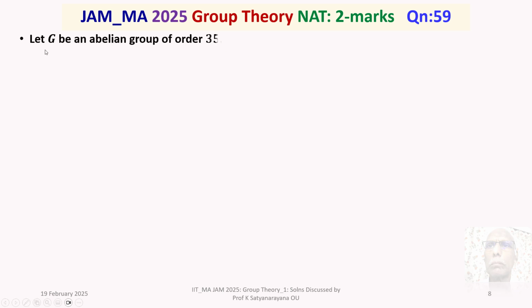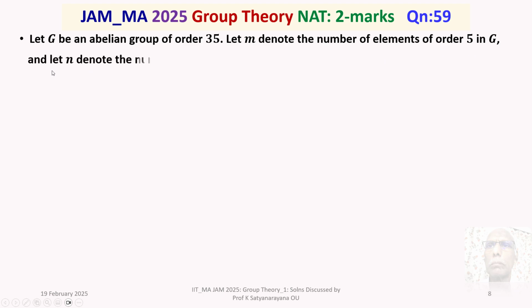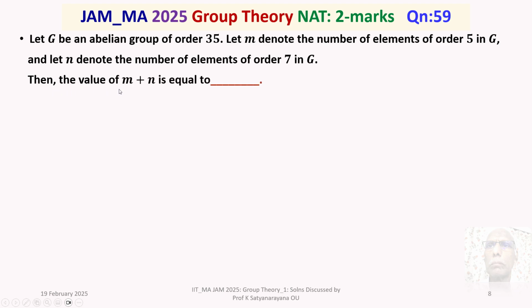The given question is: let G be an abelian group of order 35. Let M denote the number of elements of order 5 in G, and let N denote the number of elements of order 7 in G. Then the value of M plus N is equal to.